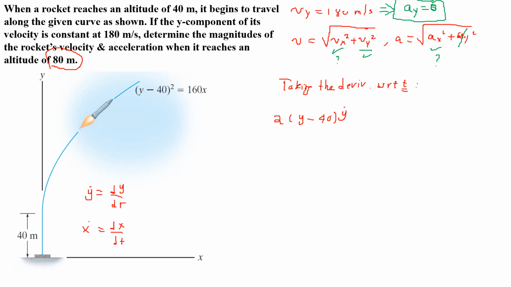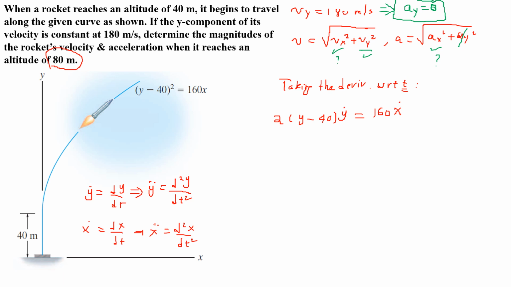And if I take the derivative one more time, y double dot is d squared y over dt squared, and x double dot will be d squared x over dt squared. That's the second derivative. So this is equal to 160 times the derivative of x with respect to t, which is simply x dot.